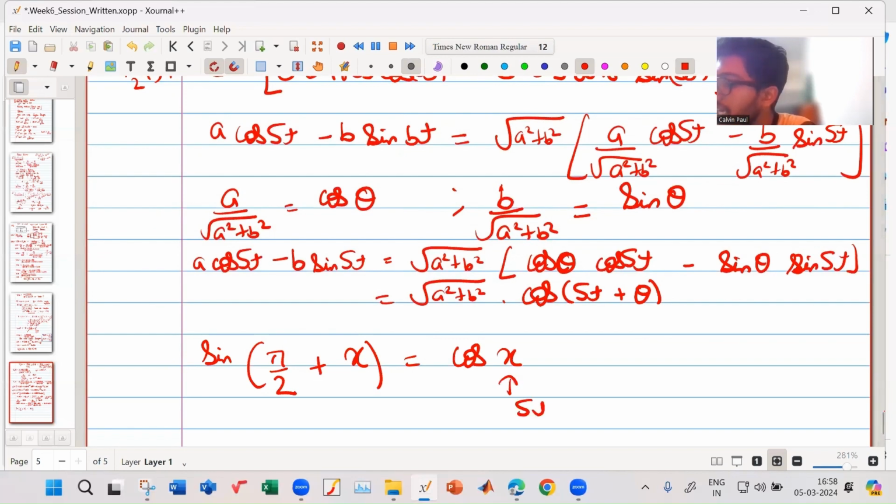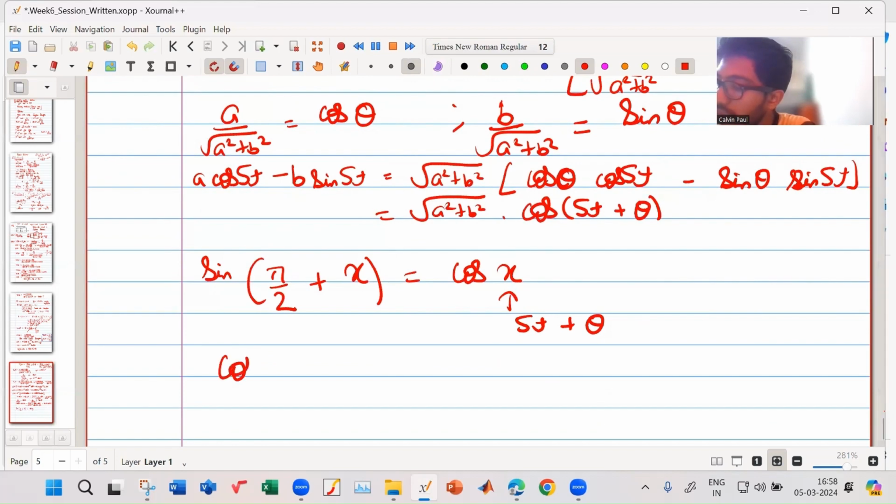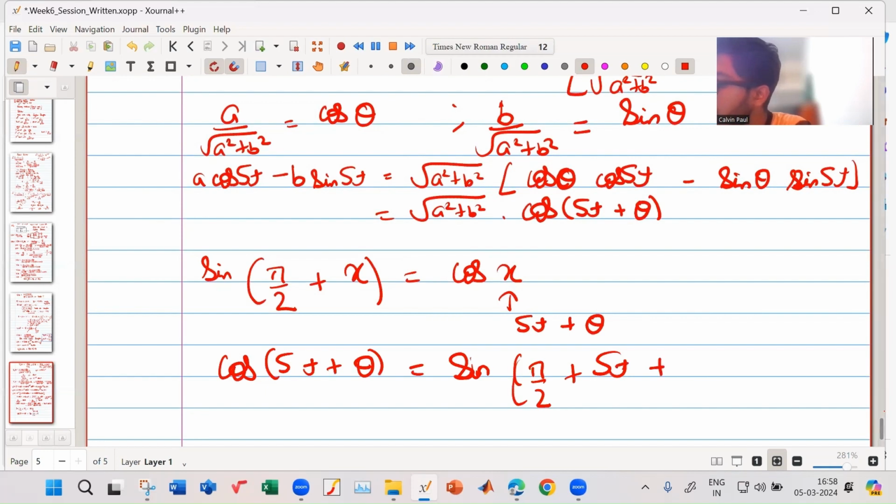My x is over here phi t plus theta. So cos of phi t plus theta is equal to sine of pi by 2 plus phi t plus theta. Is this clear?